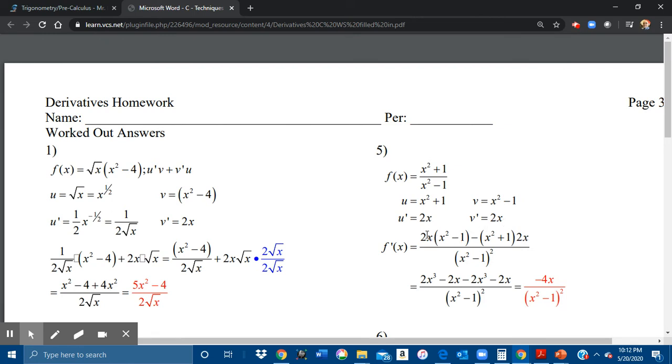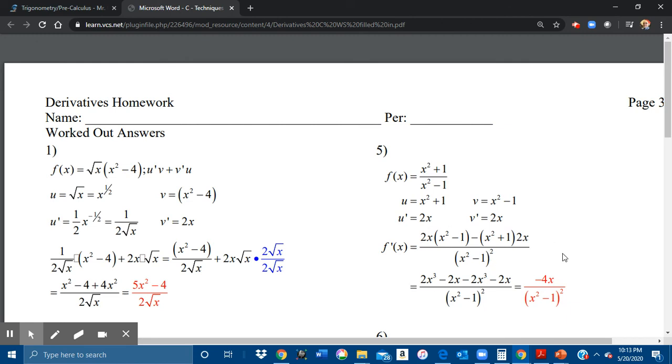So now I've got u prime times v minus v prime times u. Okay. And that leaves me with 2x times x squared minus 1 minus x squared plus 1 times 2x, all divided by v squared, which is x squared minus 1 squared.